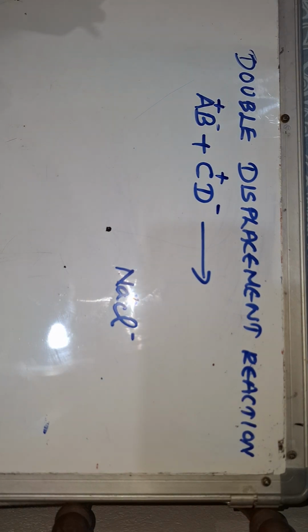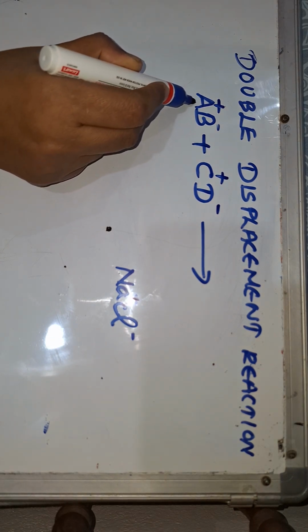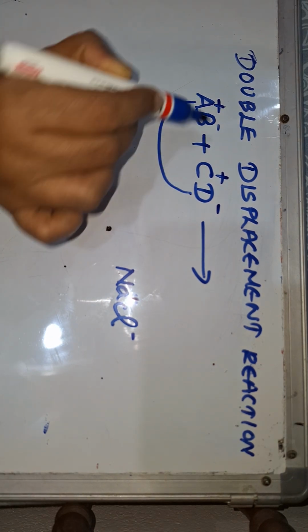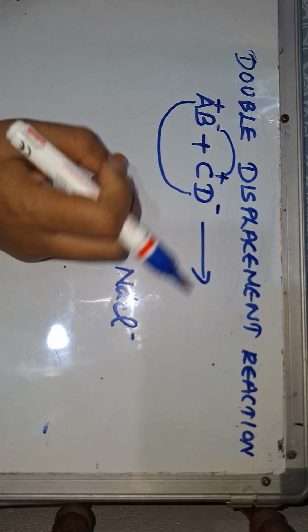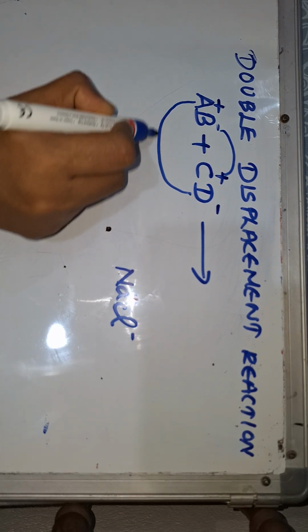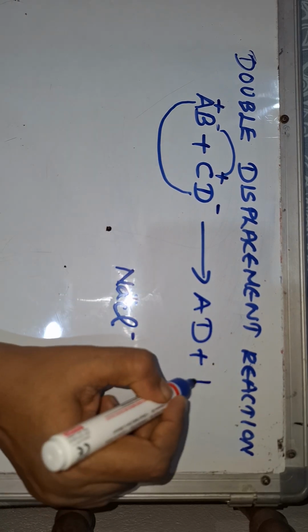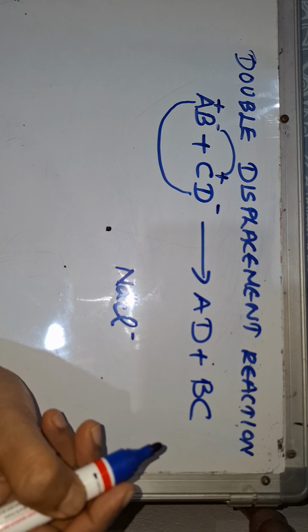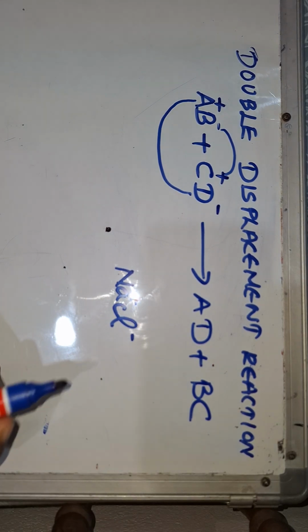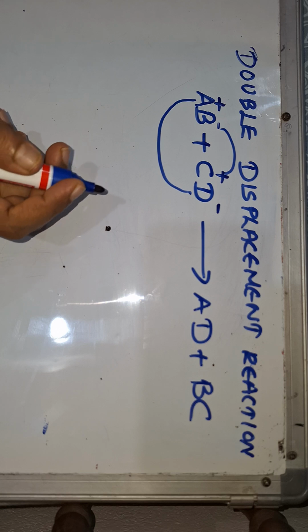It will interchange their ions. So here A will combine with D and B will combine with C. Means they are just interchanged, is it? So you will get AD plus BC. So this is the general format of the double displacement reaction equation.